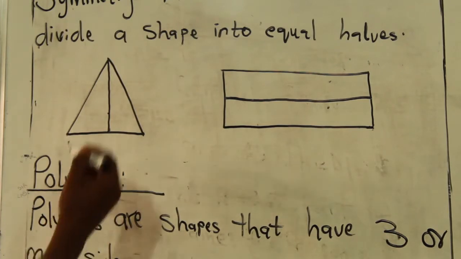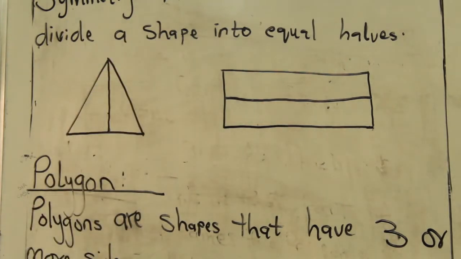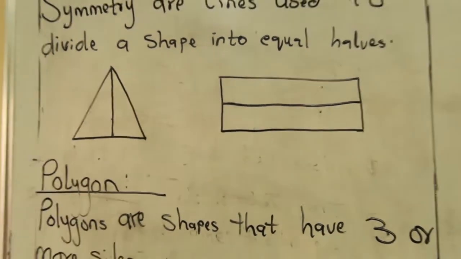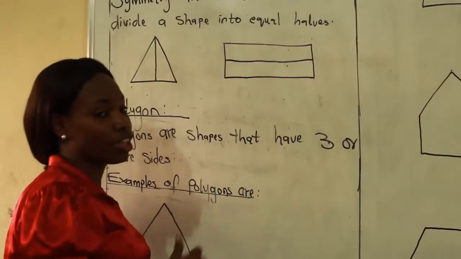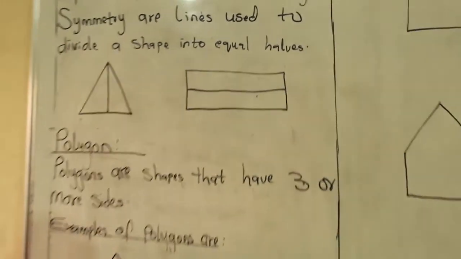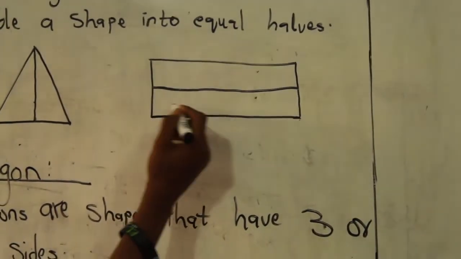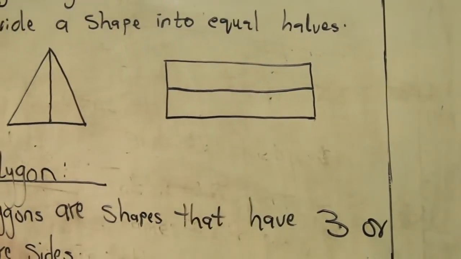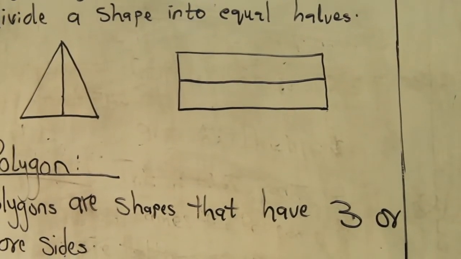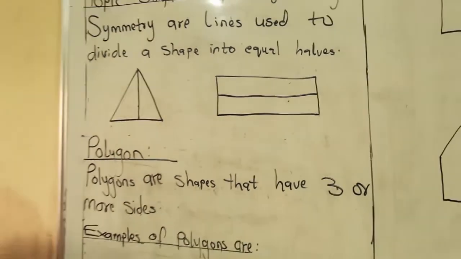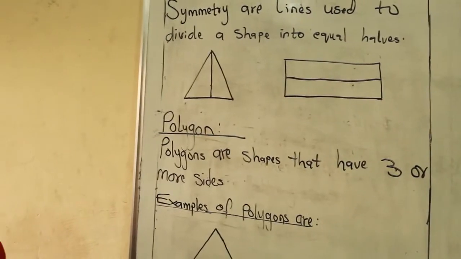It is used to divide this triangle into equal halves. The same thing applies to the rectangle you can see here. I've just used a symmetry to divide it into two equal halves. So that's what a symmetric line is.